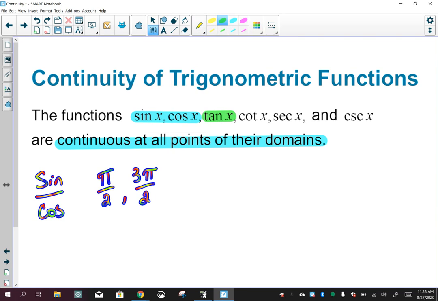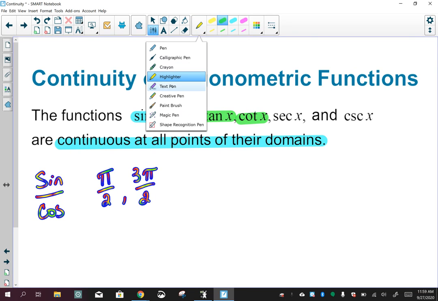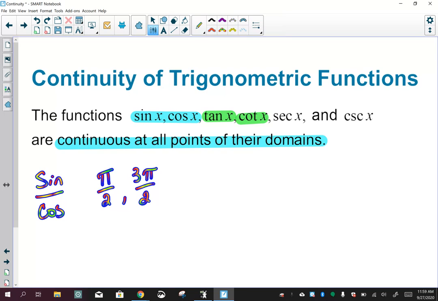For cotangent, it's the same thing as tangent, except now I'm looking at sine, because remember, cotangent is cosine over sine. Well, sine is 0 at pi and 2 pi. So I am going to be continuous on all the points except when I am approaching pi and 2 pi.